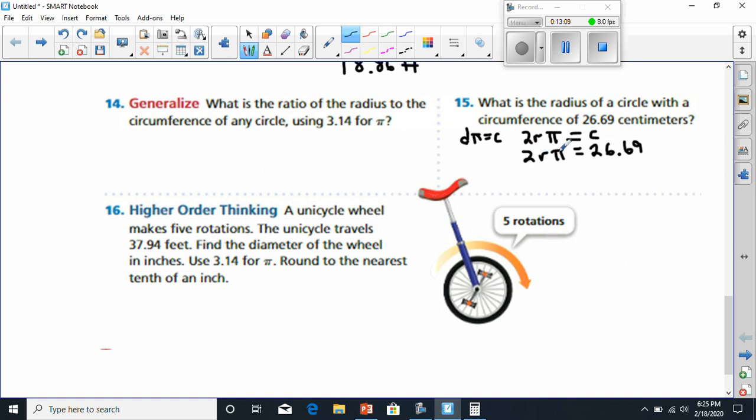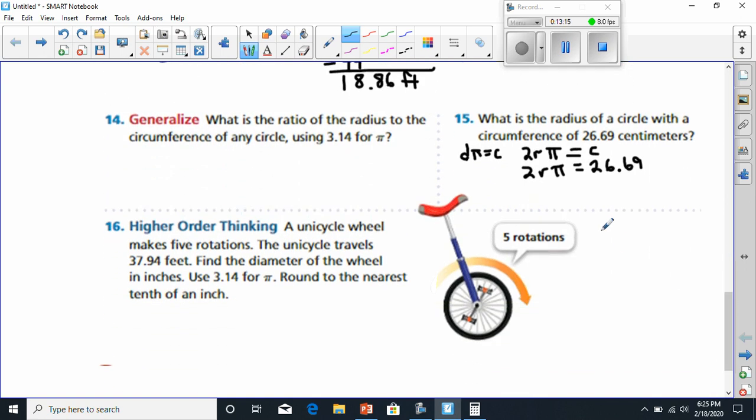And now I can replace pi. It doesn't really say whether to use 22 over 7 or 3.14, so I think I'm going to use 3.14. So that means this is 2 times r times 3.14, and that's got to equal 26.69. Well, 2 times 3.14 is going to give us r times 6.28, and that's going to be equal to, again, 26.69.